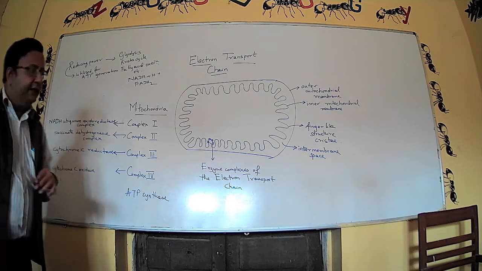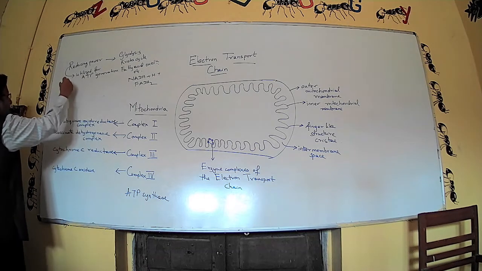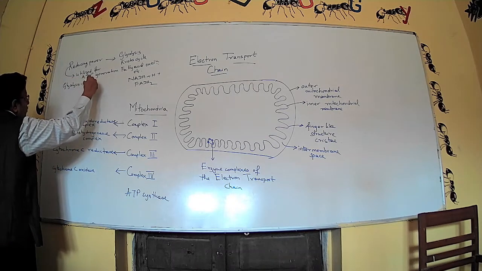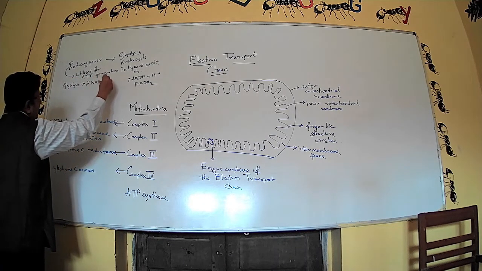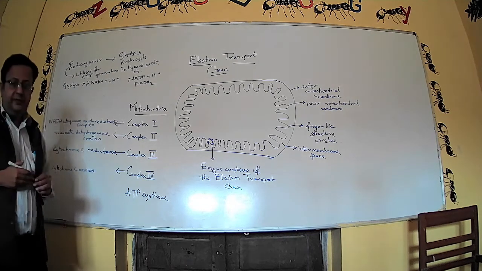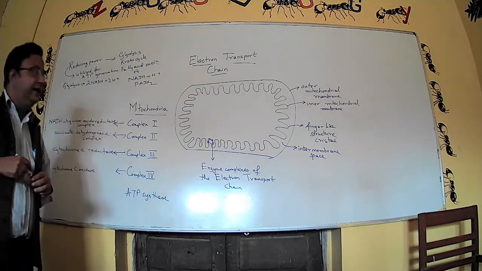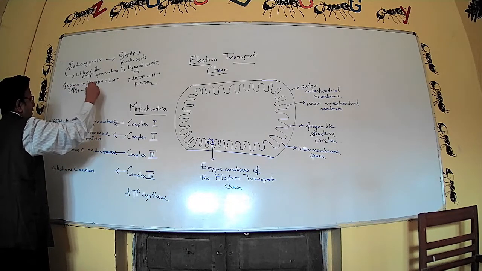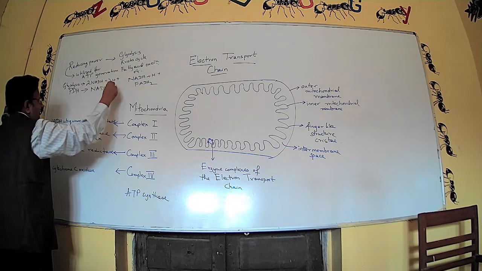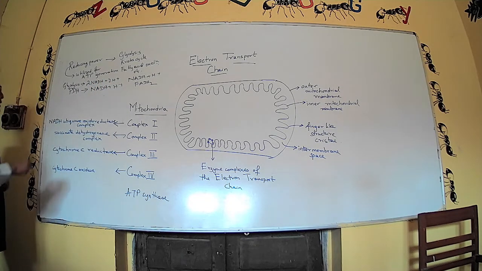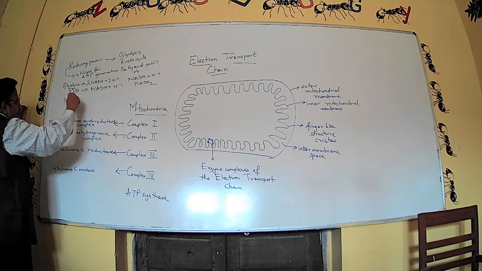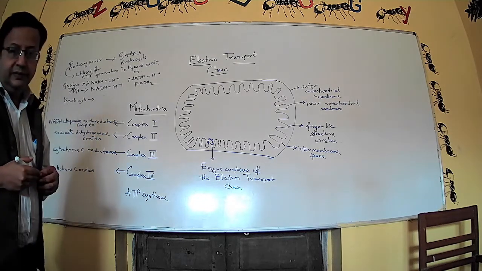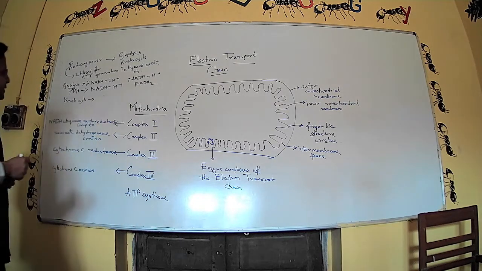Now in glycolysis, what happens? Here 2 NADH, 2 H plus are formed. Also in the pyruvate dehydrogenase complex. In the Krebs cycle, 3 NADH plus 3 H plus.